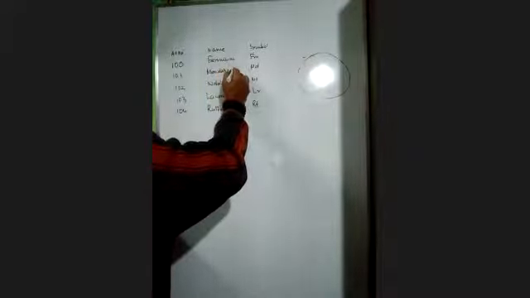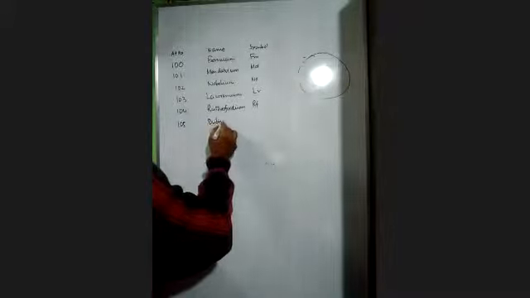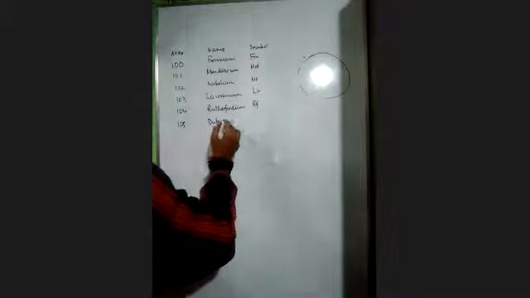101 is named Mendeleevium. Then 105 is called Dubnium. I do not know if he is a man from physics or chemistry.